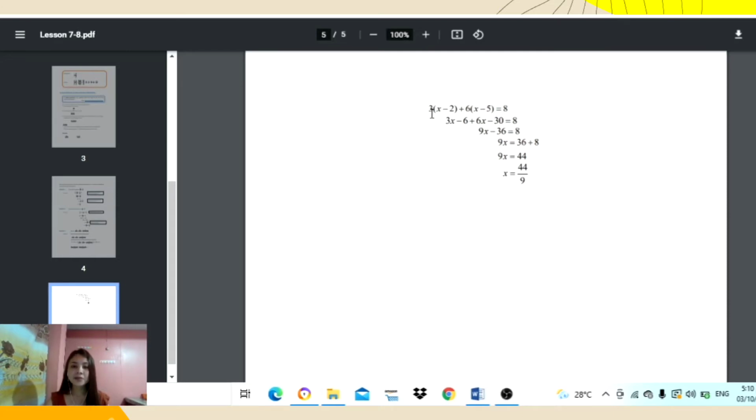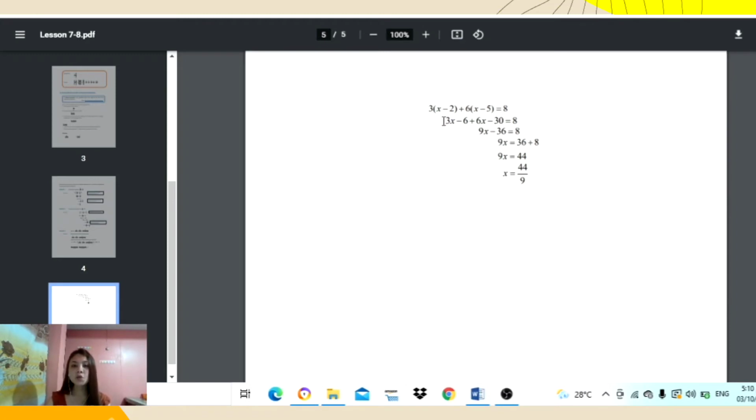Multiplying, we have to distribute 3. So 3 times x, we have 3x, copy the operation, minus, 3 times negative 2, that's negative 6 or minus 6. And then plus 6 times x, 6x, and 6 times negative 5, which is just equal to negative 30 or minus 30, equals 8.